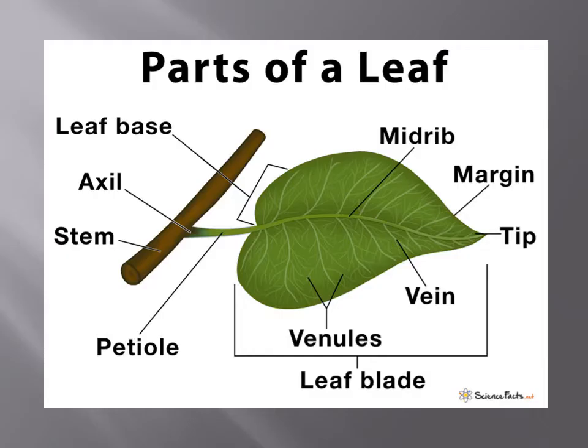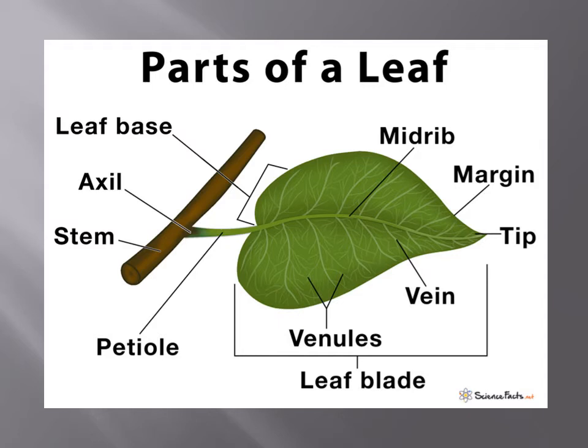Let us see in the picture how the parts of a leaf are defined. You can see here a green leaf. There is a stem of a brown color, and then the leaf starts from the stem.